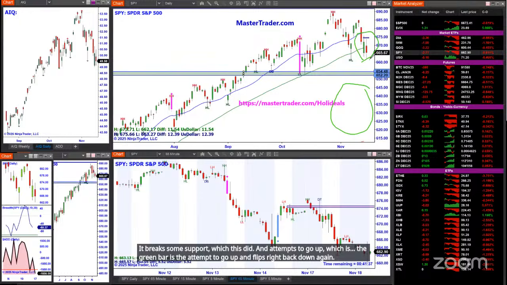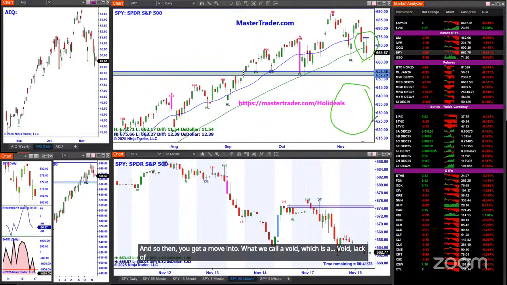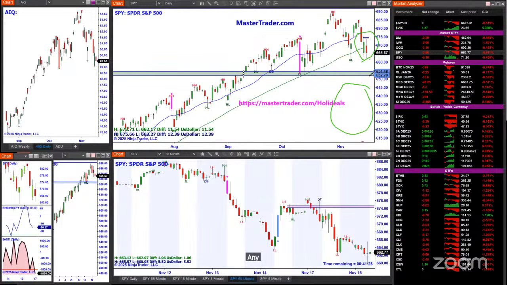And so then you get a move into what we call a void, a lack of any significant support. So since this one is right here, we assume, based on average true range and what is to the left there, that buyers would show up in that area.